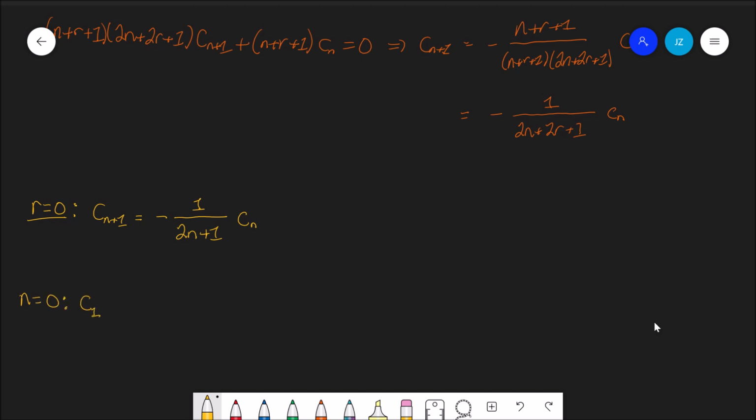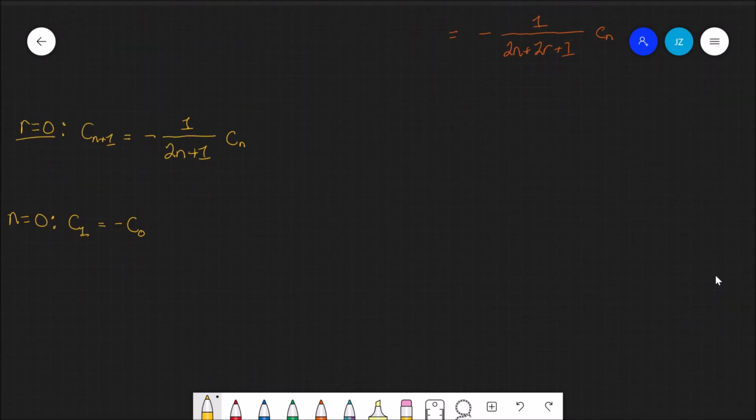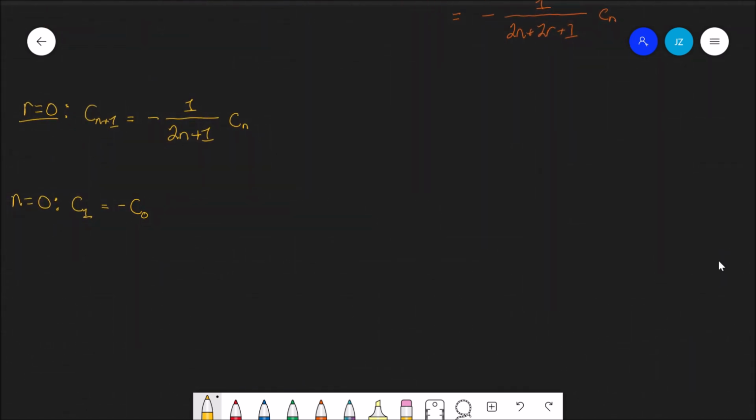Then c sub 1 is negative c sub 0. For n equals 1, we get c sub 2 is equal to negative 1/3 c sub 1, but c sub 1 is negative c0, so this is a third c sub 0.